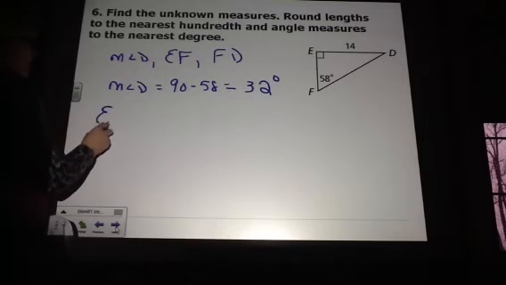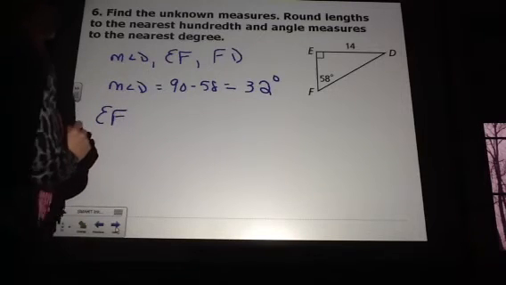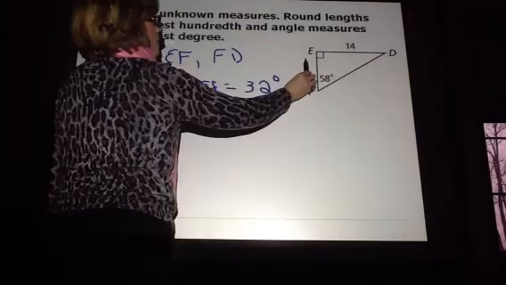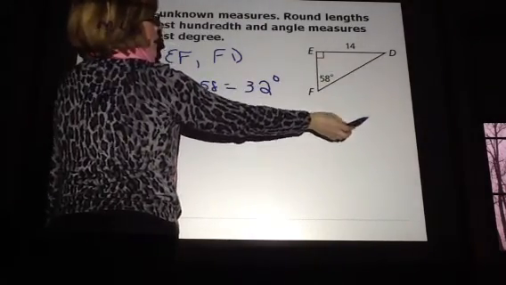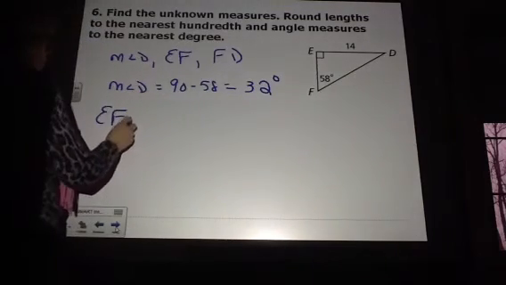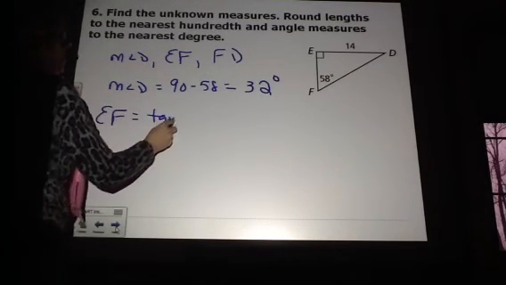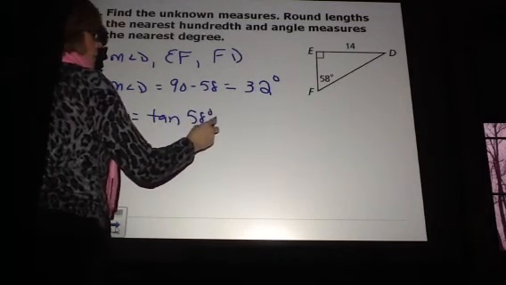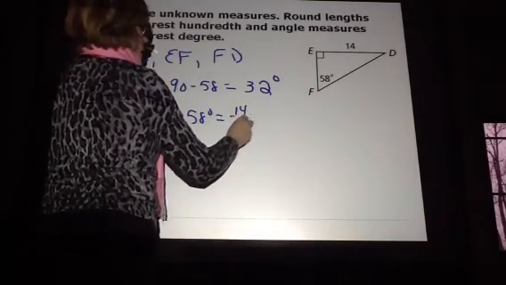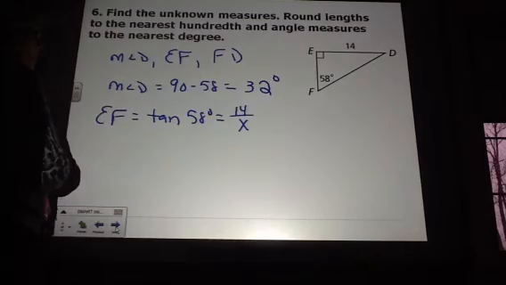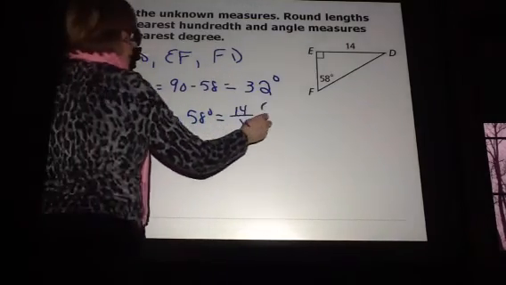Okay, EF. EF is this right here. So if this is 58 degrees, I have opposite over adjacent. So what I can do is take the tangent of 58 degrees equals opposite 14 over, let's use our variable x. So remember, this is where you cancel out that x.